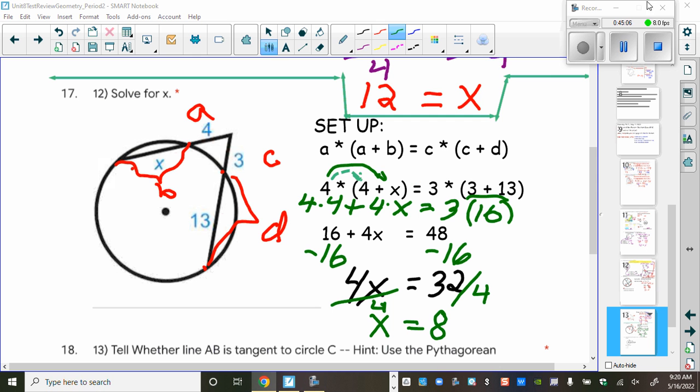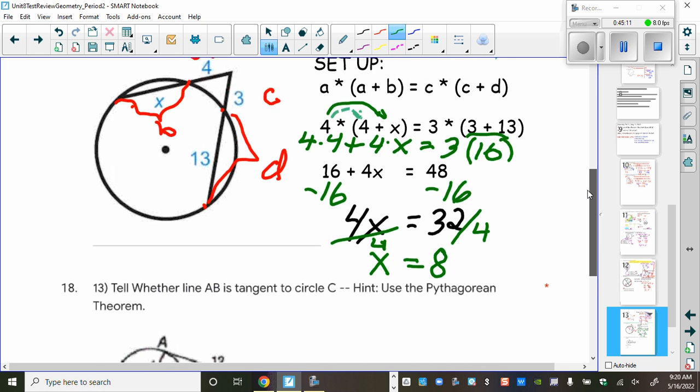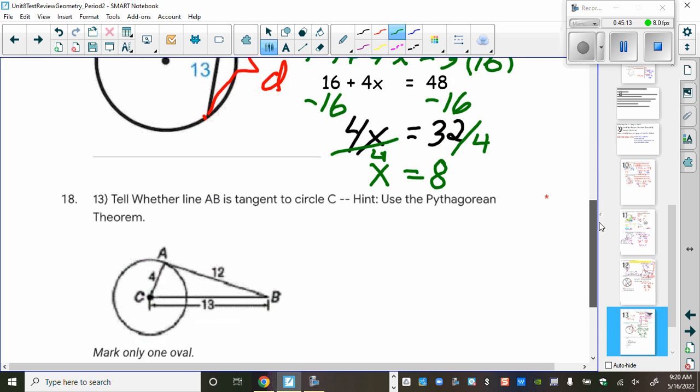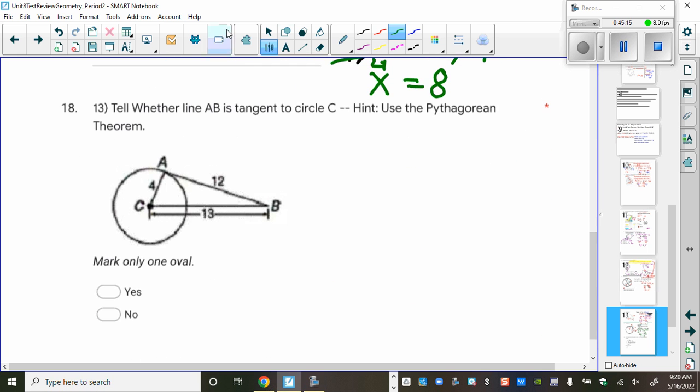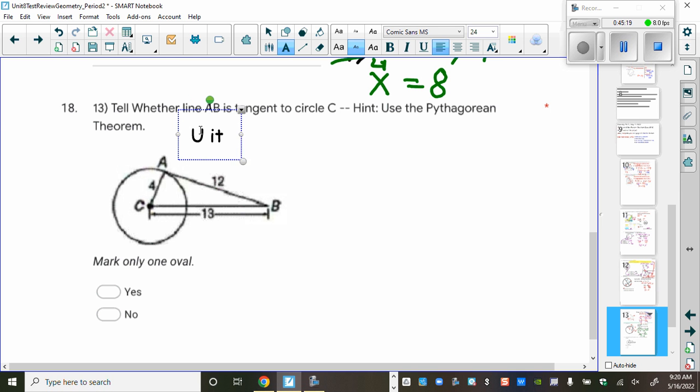All right, here we go. Next one. Now we're kind of going back to first part of this whole unit. This is from Unit 8, Day 1.